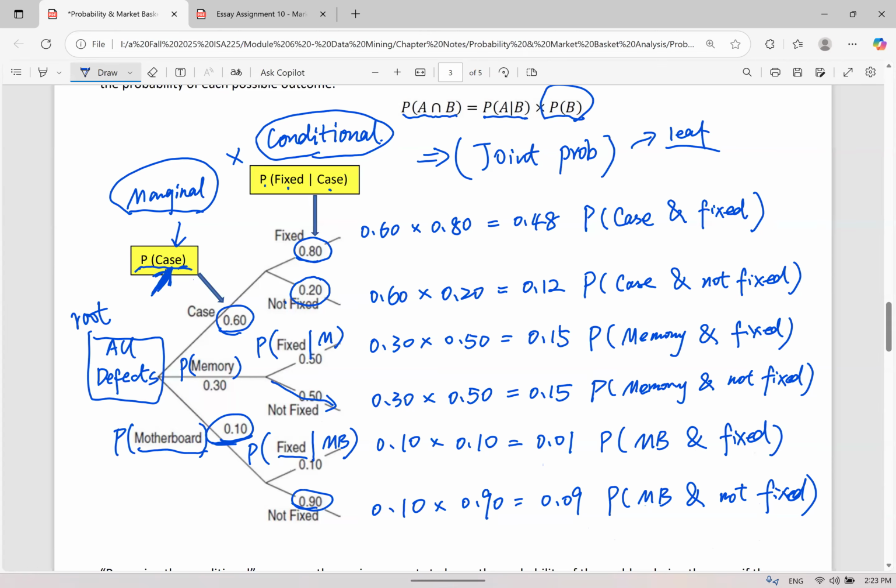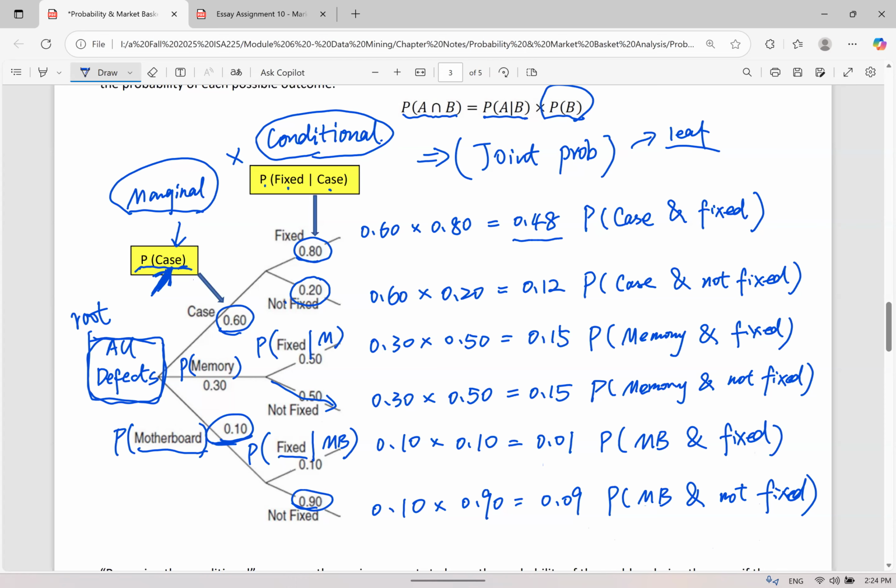Okay, so now let's look at the leaf of the tree. When we had the decision tree, we had all the houses, and then we divided them into different subgroups, and each subgroup contained quite pure cases, quite pure houses. Now let's think about this case. We start with all the defects, and then we divide them into three subgroups, and each subgroup has two more subgroups, until we have the joint probability.